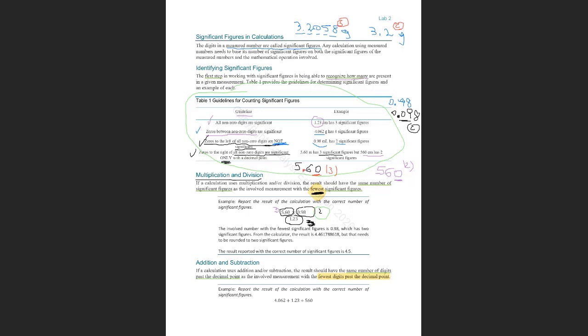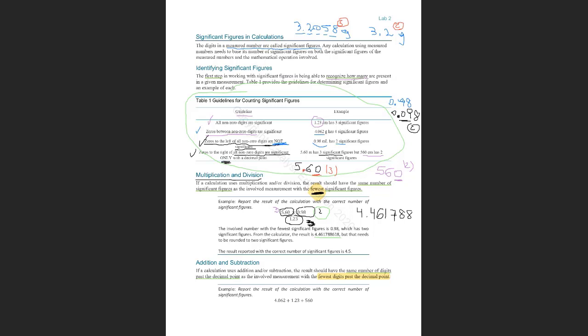And then you do the calculation in your calculator. When you do 5.60 multiplied by 0.98, divided by 1.23, the calculator will give you 4.461788, and a lot of numbers.